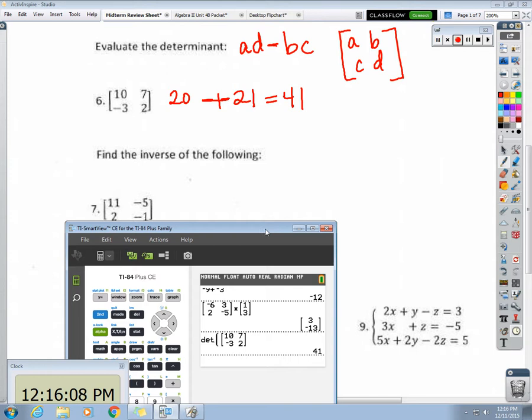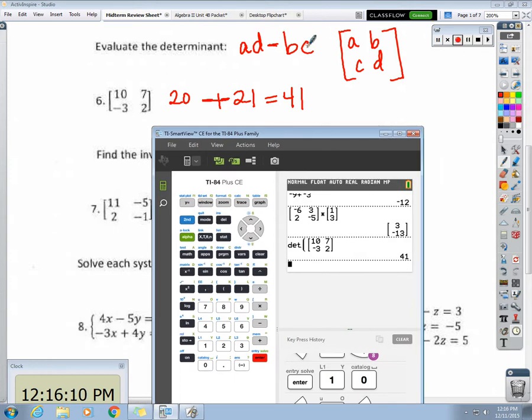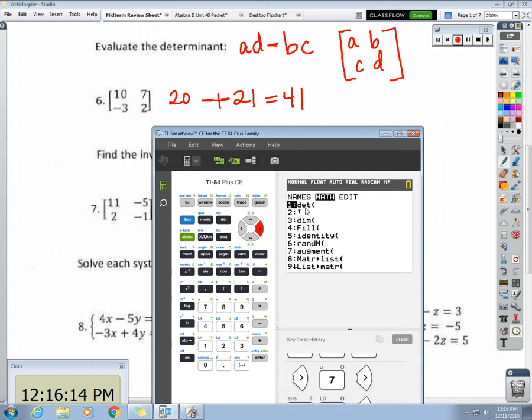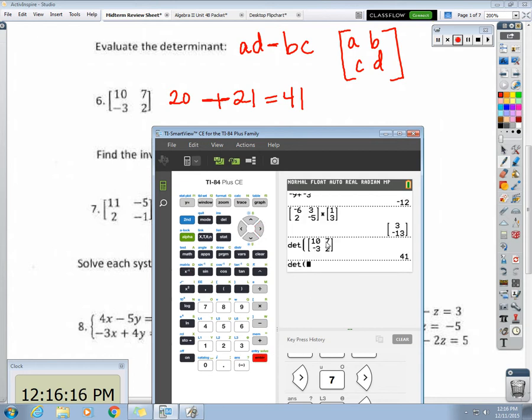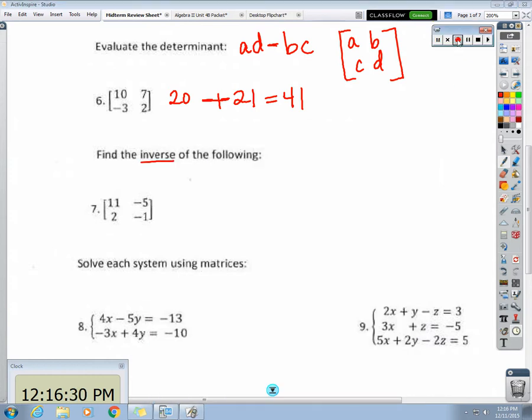So whatever works better for you, AD minus BC, or remembering to do second matrix, go over to math and punch determinant and then type in the matrix. Okay, whatever is easier for you to remember. It's complicated. I'll show you the formula, but we're going to do it with the calculator. Remember, the formula for inverse, you had to do 1 divided by the determinant. So first you had to figure out the determinant.